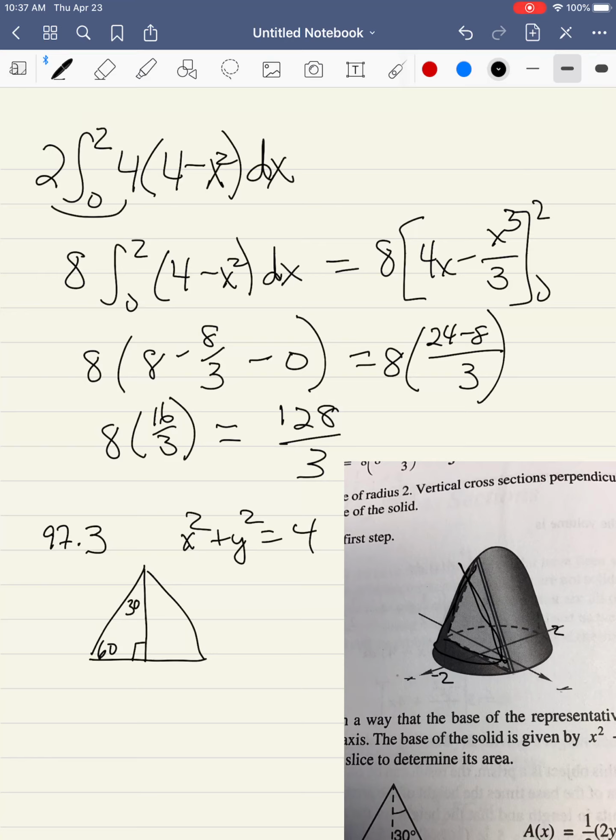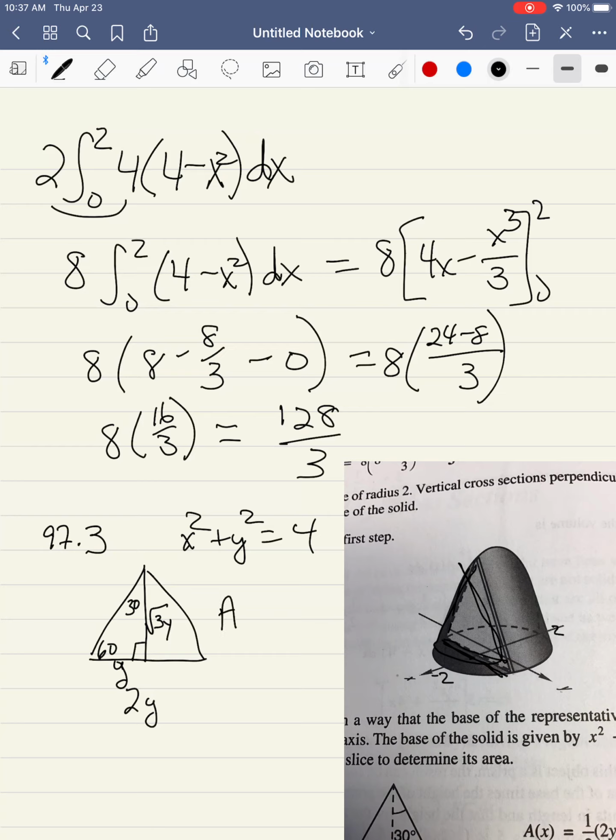So if we draw the height, now we have a 30, 60, 90 triangle. And let's see, the length of the base would be 2y. The whole thing, so one of these would be y. And then using 30, 60, 90 relationships, this would be square root of 3y.